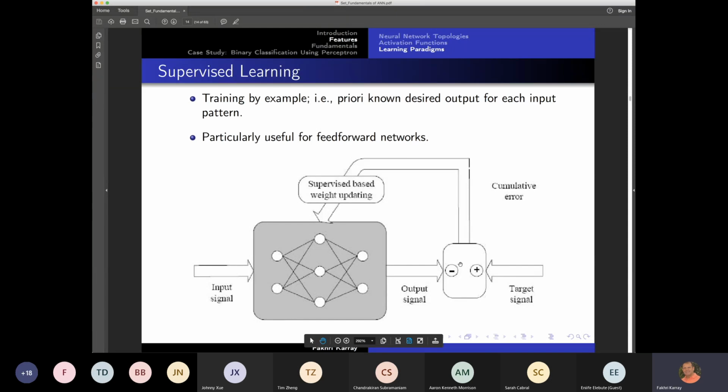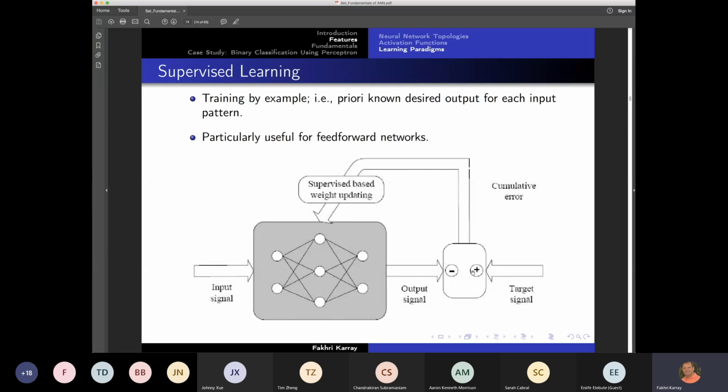And if it is not, then a feedback mechanism is going to feed this particular connectionist engine, which is the structure of the neural network, with a certain type of information, namely known as the weight updating mechanism. And we are going to see how we do the weight updating. This is the essence of machine learning using connectionist models.